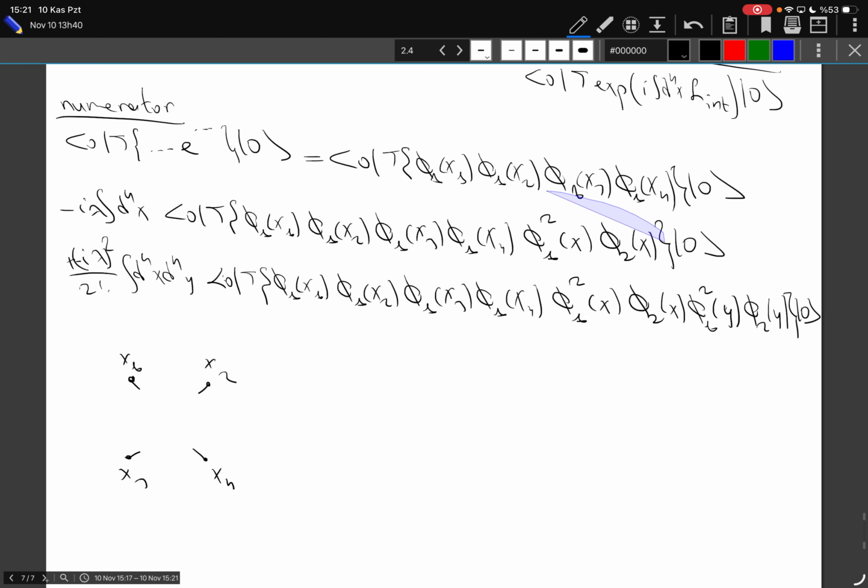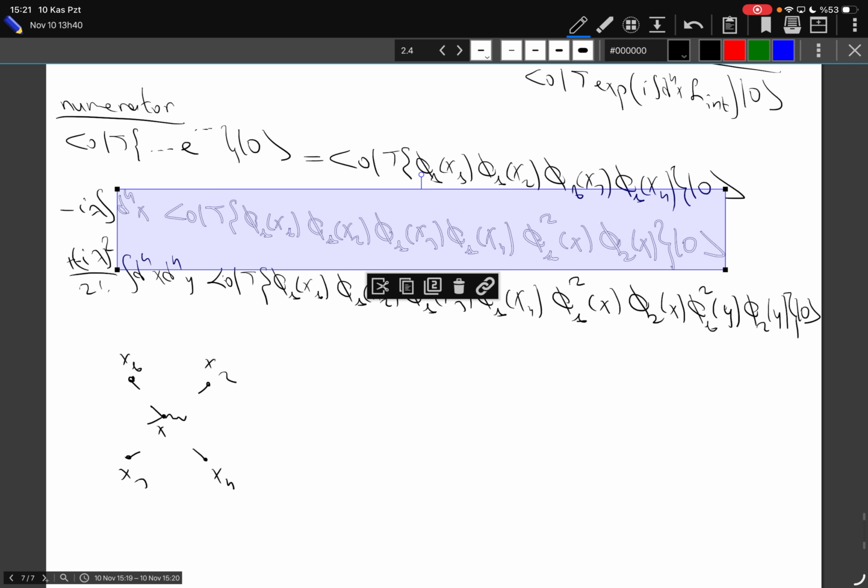Now there's the point x. This is my point x. But at the point x, I have two phi 1 kind of particles, one phi 2 kind of particles. So at the point x, I have these lines. What I'm actually doing is I have my mathematical equation.